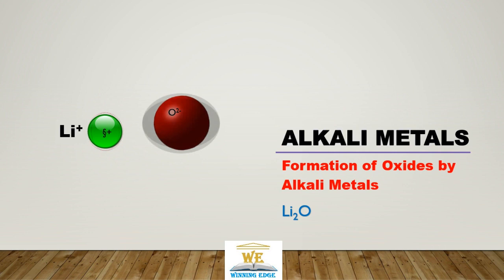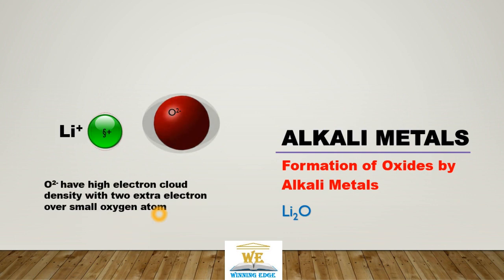Let's first see formation of oxides by alkali metals. Very first element is lithium oxide, Li2O. Now in this oxide we see two lithium atoms and one oxygen atom with two negative charge, O2-, having a very high electron cloud density with two extra electrons over a very small sized single oxygen atom.